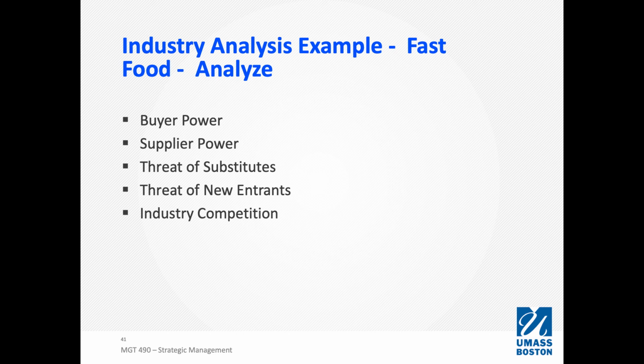It's not optimal, so what would that be reflected in? Low profitability. There's not a lot of profits to go around in fast food. Right? Kevin, you seem confused. No? Okay. Yeah. Not a lot of profits to go around in fast food.